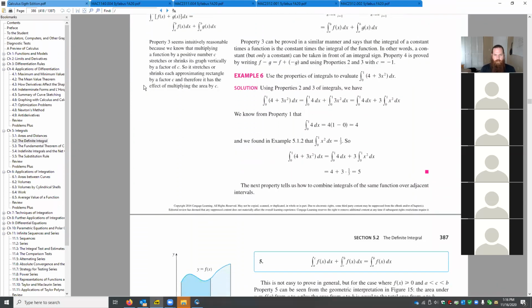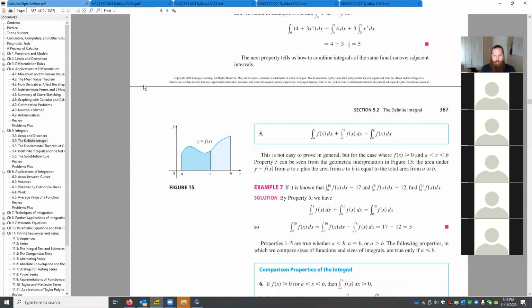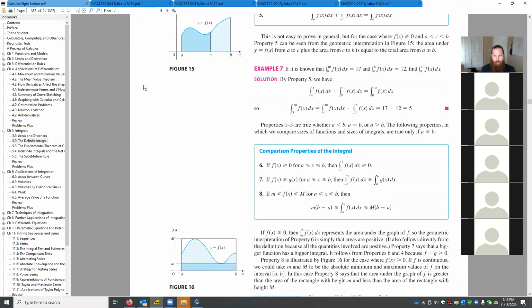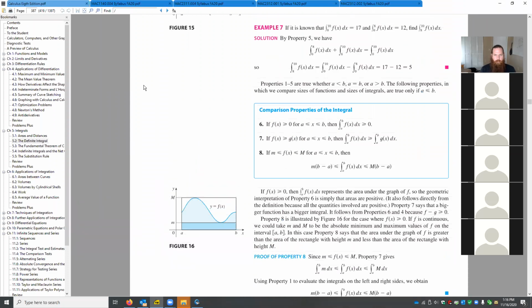I want to make sure that I don't lose you guys in the weeds here, though. So we've talked about those. Comparison properties, yeah, we can talk about that, but I'm going to save that for the end. So I think this is a good time to talk about one of those summation problems. It was requested that we do an explicit problem working an integral as a sum. So let's do that.